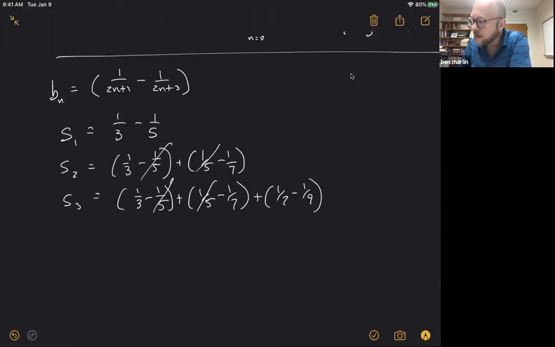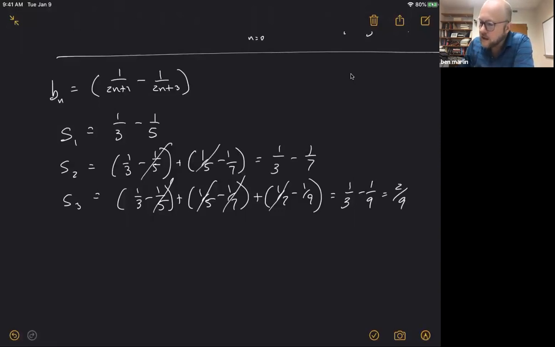You can see that we get a cancellation on the adjacent terms there. And so, whereas the first time you had 1/3 minus 1/7, and I can't do the arithmetic in my head, I'm ashamed to say, the next one would have been 1/3 minus 1/9, which I actually can do the arithmetic in my head this time.